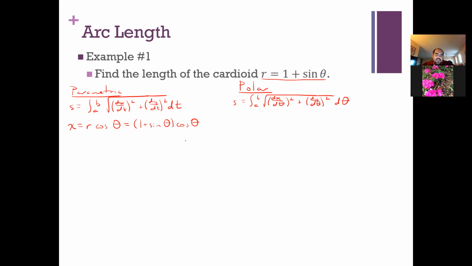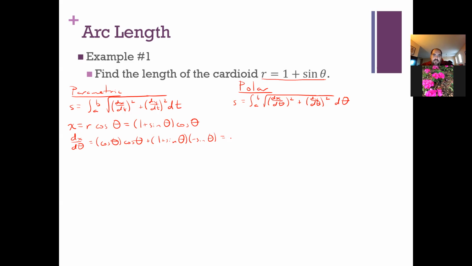Now that I have x in terms of theta, I can definitely find dx/dθ. I'll go product rule. So this will be cosine theta times cosine theta plus (1 plus sine theta) times negative sine theta.